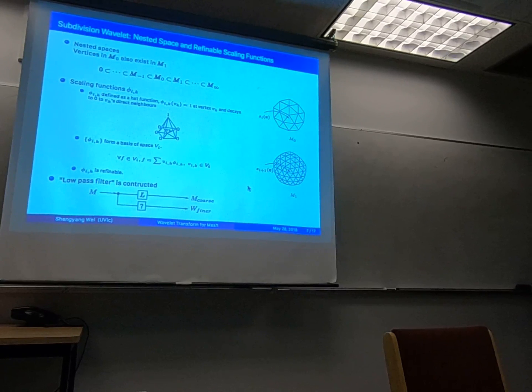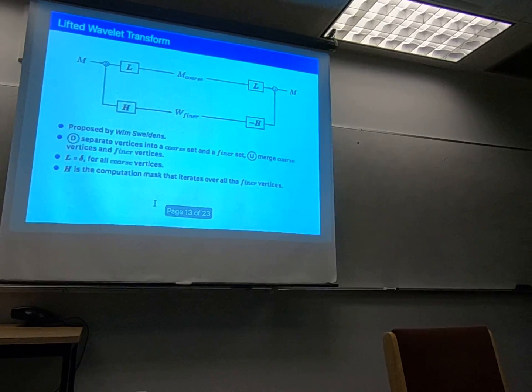So we need to construct the high-pass filter, similar to the traditional case, to do the wavelet transform. Okay, so Wim Sweldens has proposed a method to construct the wavelet functions, the high-pass filter. It's called the lifted wavelet transform.